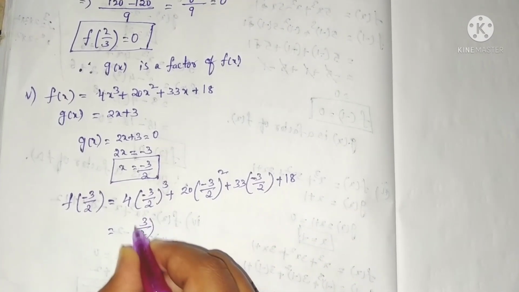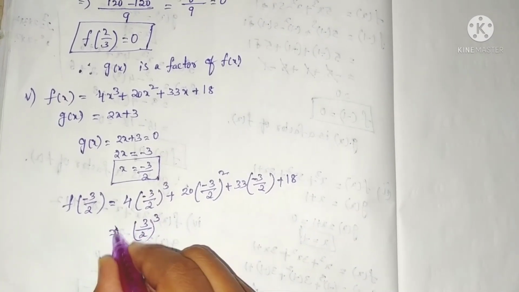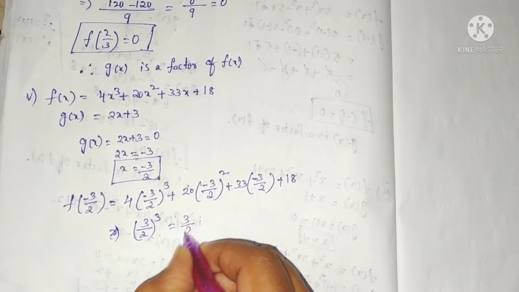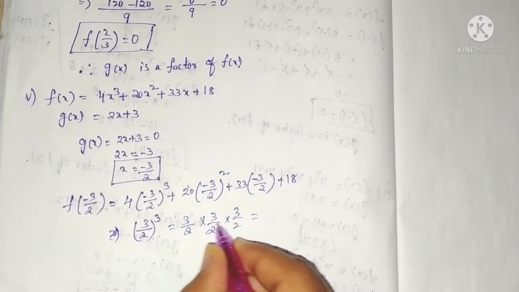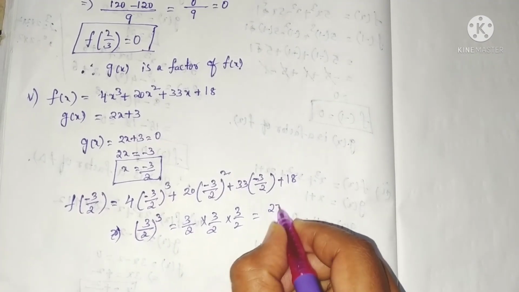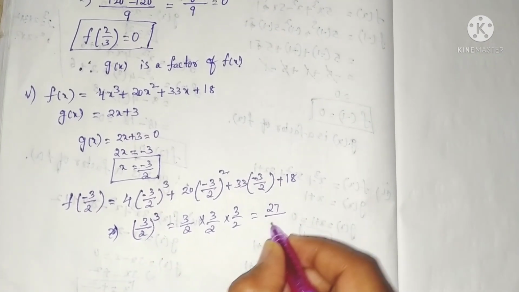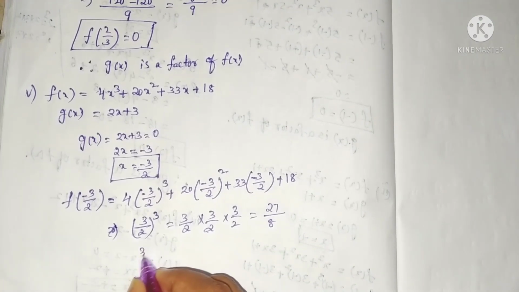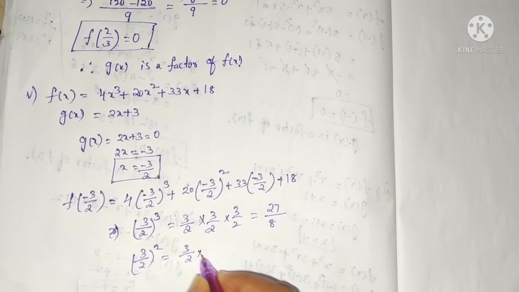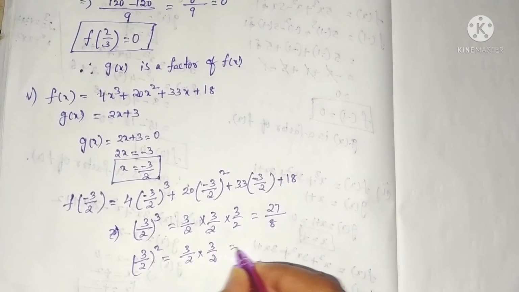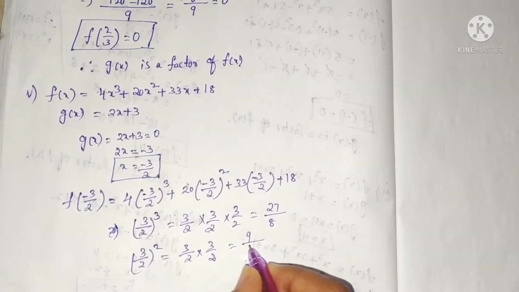Now we will see (3 by 2) whole cube, means 3 by 2 into 3 by 2 into 3 by 2. 3 3s are 9, 9 3s are 27, 2 2s are 4, 4 2s are 8. Similarly (3 by 2) whole square, 3 by 2 into 3 by 2. 3 3s are 9, 2 2s are 4.